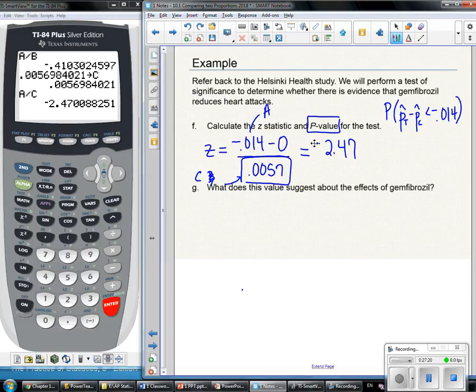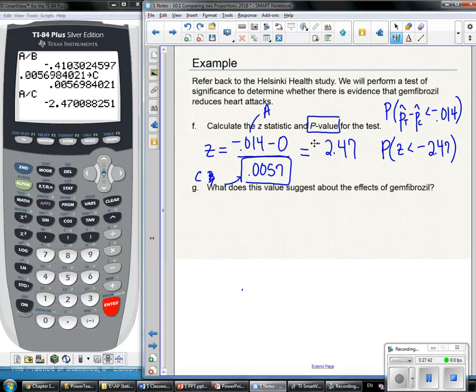Well, I've just standardized this difference, and I'm calling it a z. This is the same z in the standard normal distribution that we've been using all year. And so notice that the difference really relates to a z statistic of negative 2.47. So we're saying that our result is more than 2 standard deviations away from the mean.